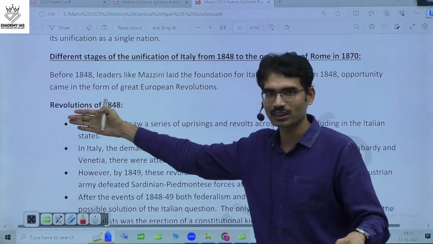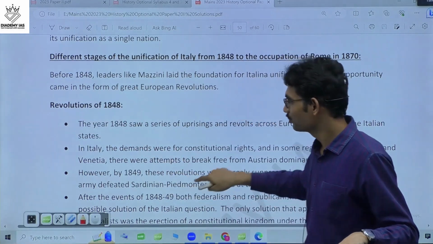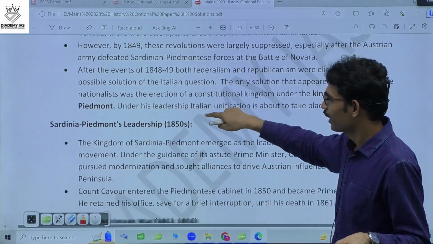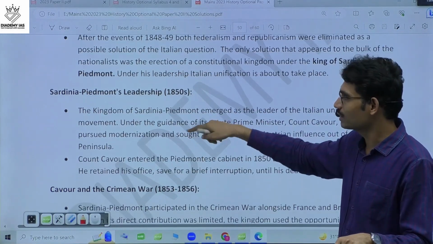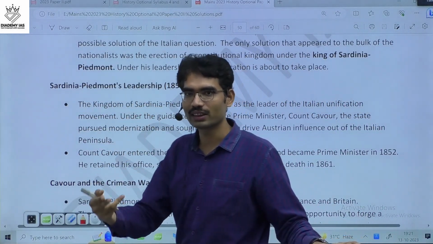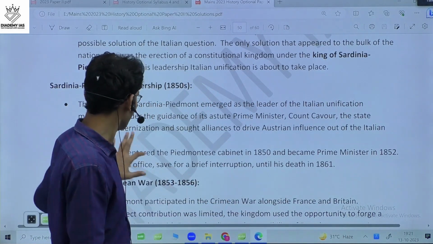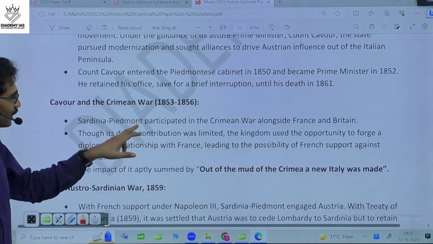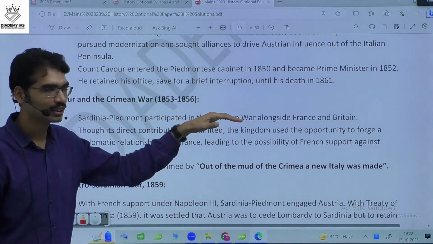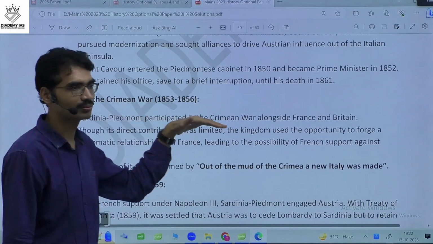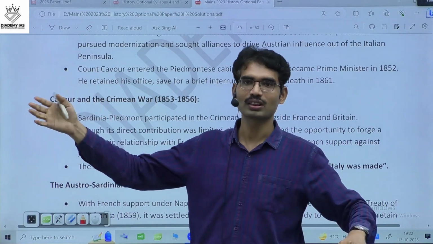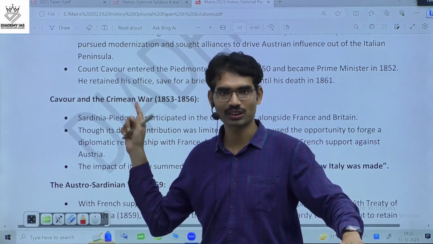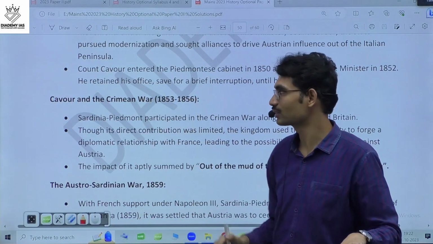And in that process, they enlightened the people. That is one contribution. Next, Sardinia-Piedmont's leadership. This is the Italian kingdom. Under its leadership, they are going to fight against Austria. During that time period, in 1850s, there was one incident, Crimean War. And today also, Crimean Peninsula is still in news because of the Russia-Ukraine war in the same place.